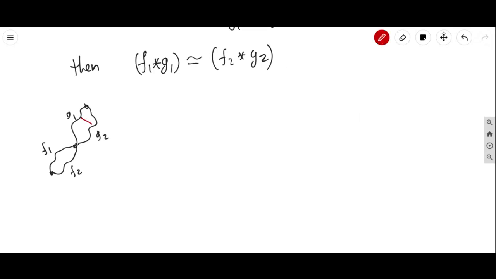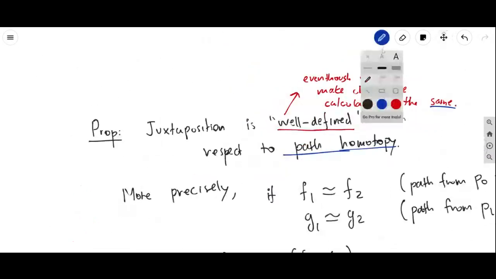So if there's a homotopy, then you can combine the two homotopies together, and when you do the entire juxtaposition like this, you can deform one to the other one. So it's believable when you draw pictures, and you can write your own formal proof. It's similar to the other ones that we've done before, and I think it would therefore be a good homework exercise. It's not difficult at all, but it's a good practice in the definitions.